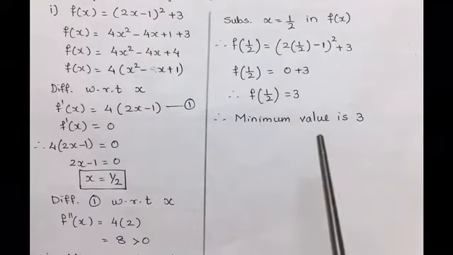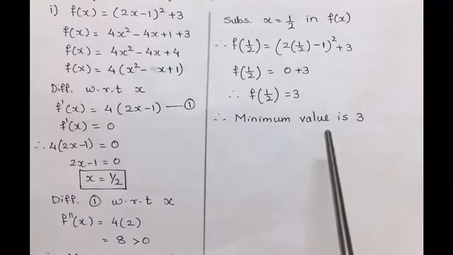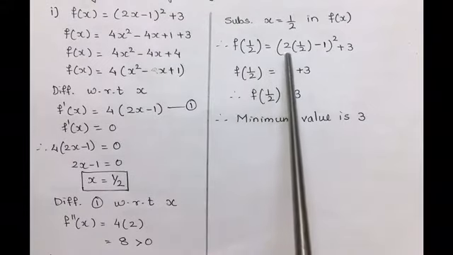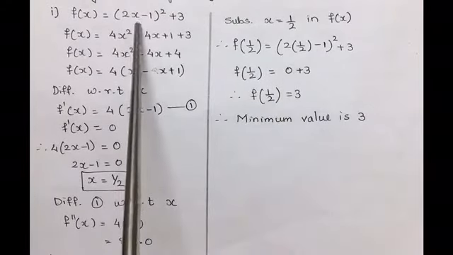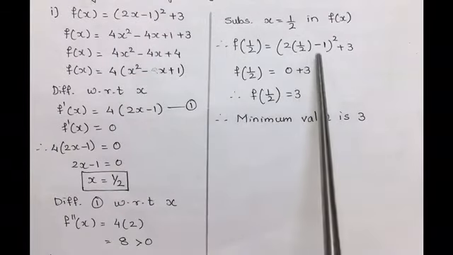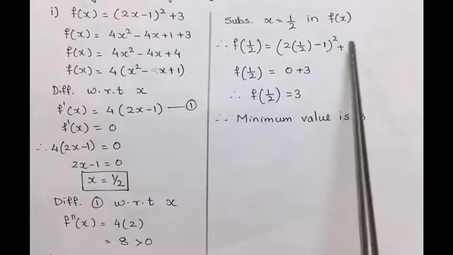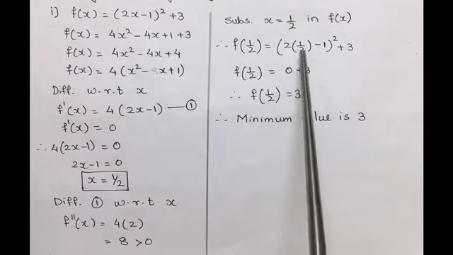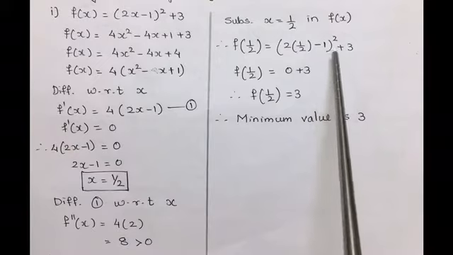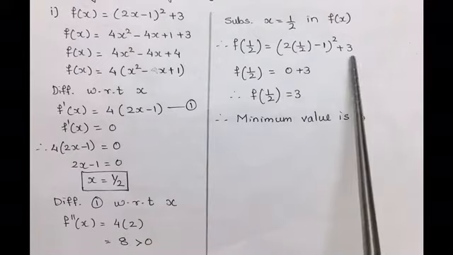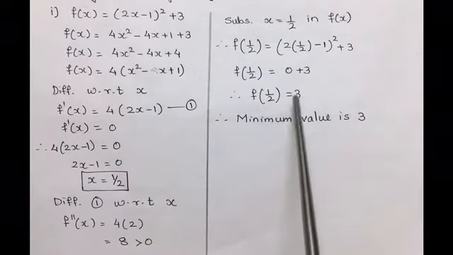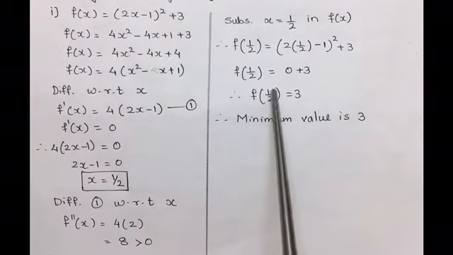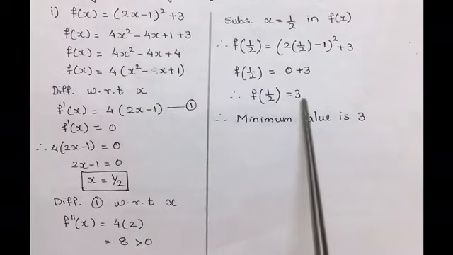So keeping the value, we get f of half is equal to 2 into (1 by 2) minus 1, whole square, plus 3. 2 and 2 get cancelled. So 1 minus 1 makes it 0. 0 square is 0, plus 3. So the minimum value of f when x is half is 3.